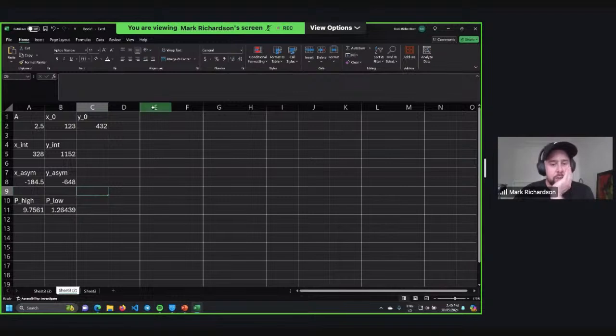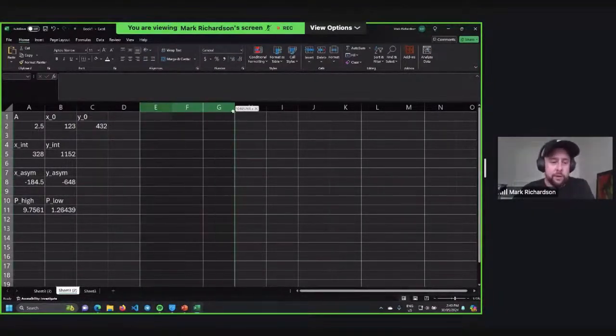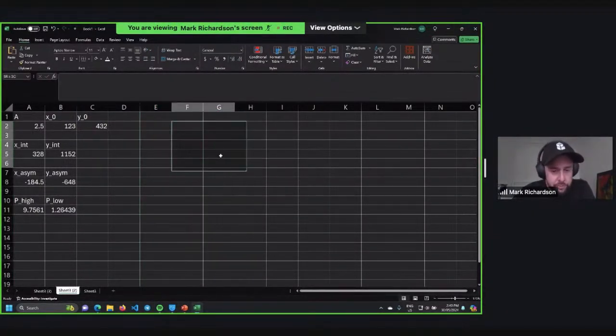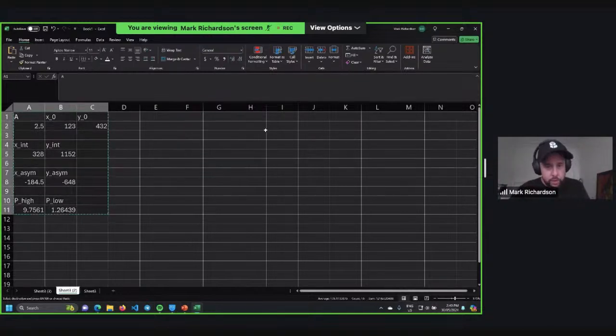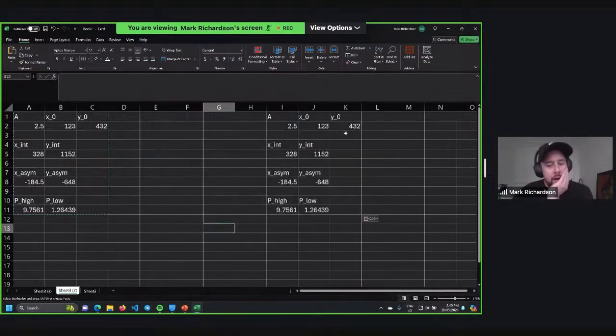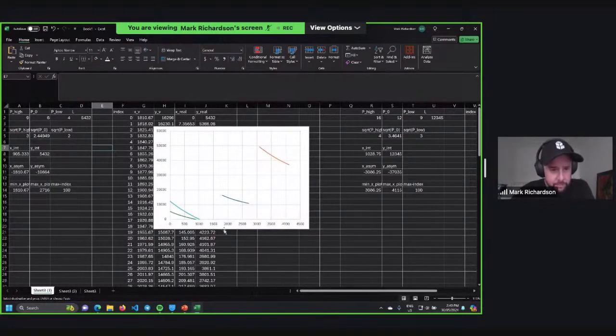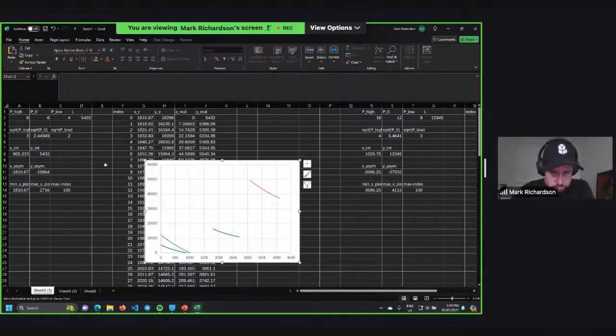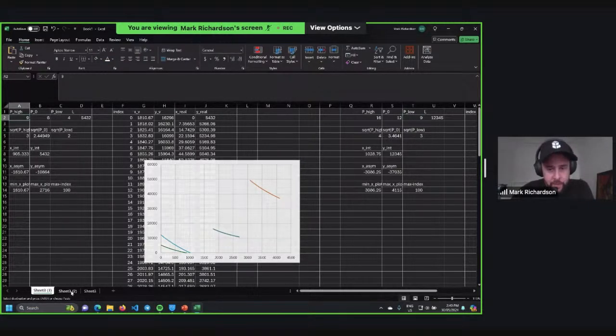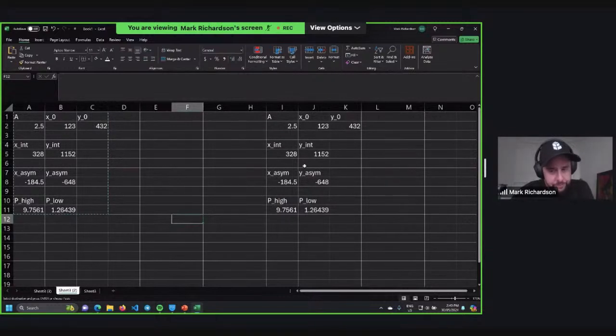Okay, so let's just pretend that we've already plotted all of our stuff here, and we've got this beautiful curve. When we go to create our other plot, we need to perform that same process. Remember, I said on the Uniswap v3 one, I'm just going to choose the p low of one of these to be equal to the p high of the other one. And so I need to do the same thing here.